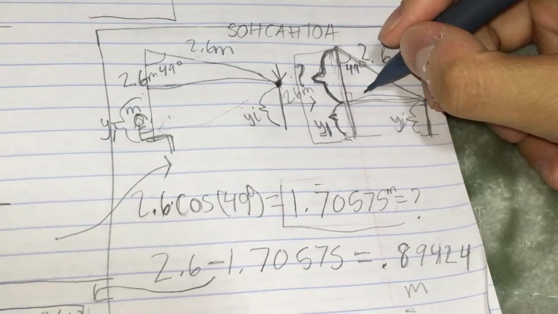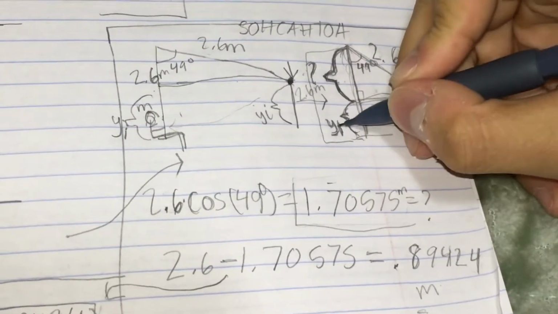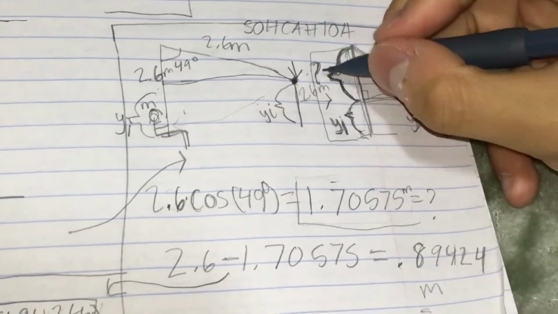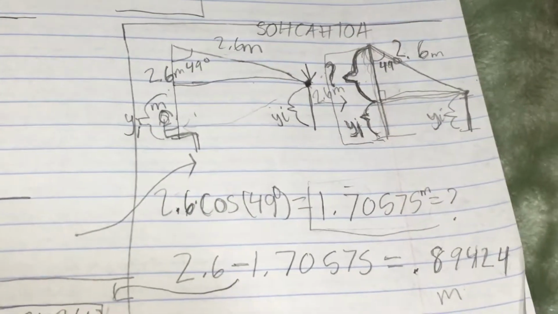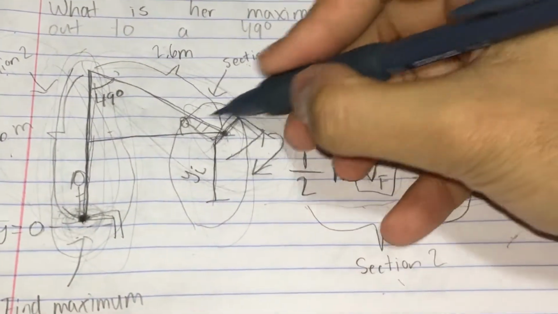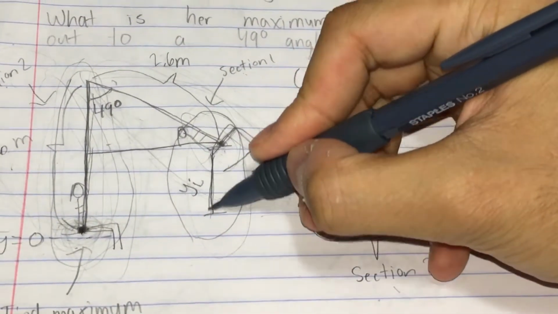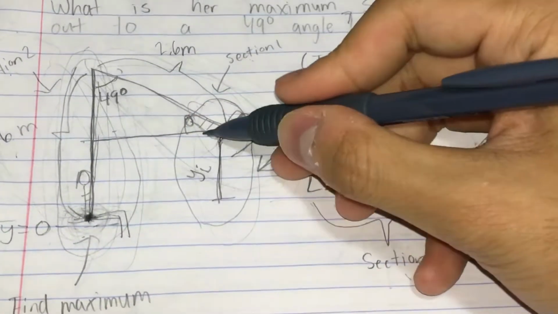So we redraw the triangle here. The initial height plus this variable, the question mark, would equal 2.6, because going back to the original diagram, the child's initial position equals this position here.